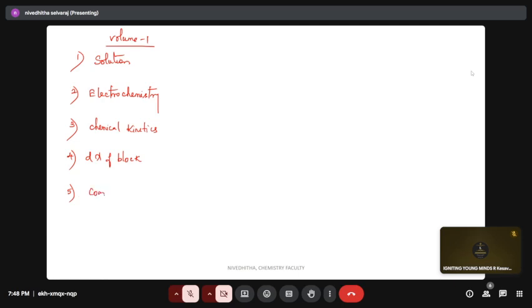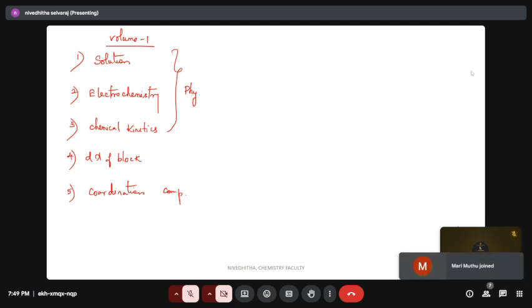Fifth chapter is coordination compounds. So solution, electrochemistry, chemical kinetics: these three chapters are from physical chemistry, where we can expect only numerical. D and F block and coordination compounds are from inorganic chemistry.